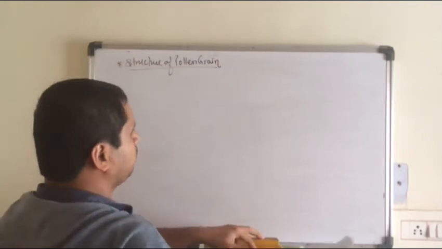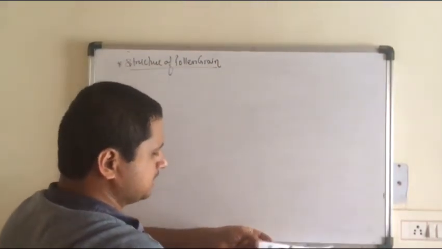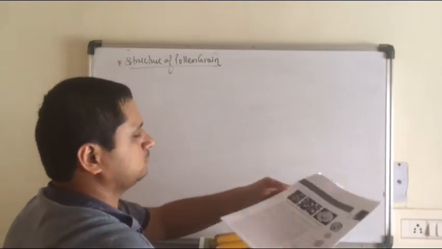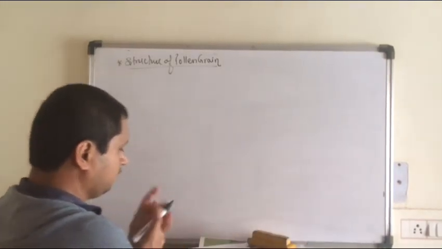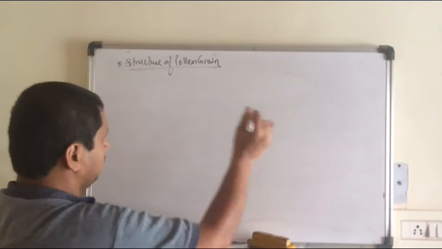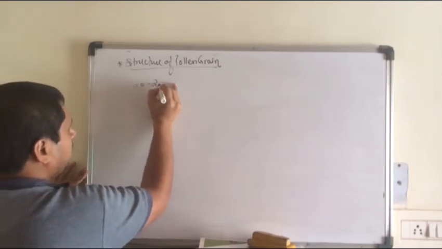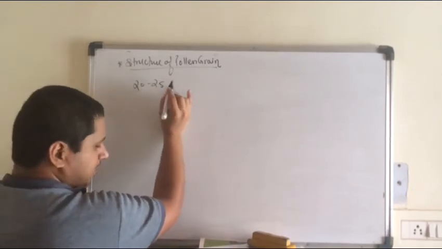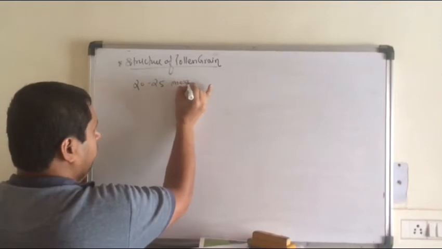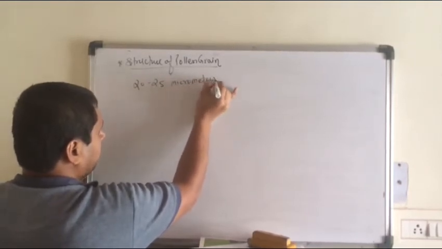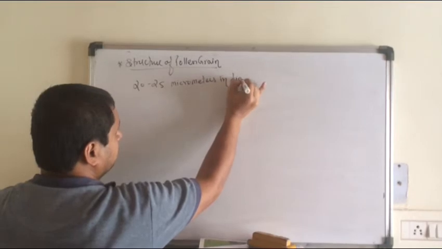Now if we talk about the structure of the pollen grain, it is generally 20 to 25 micrometers in diameter.